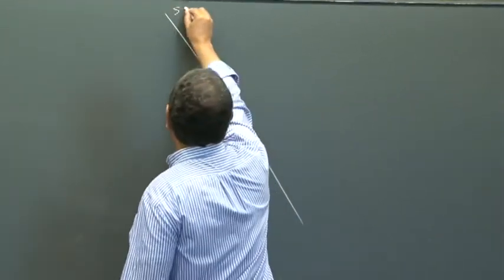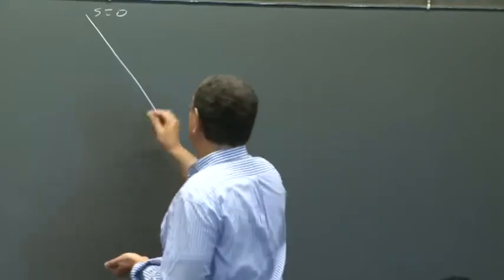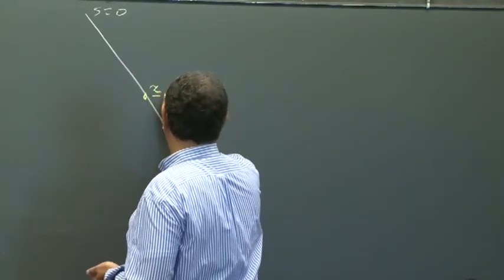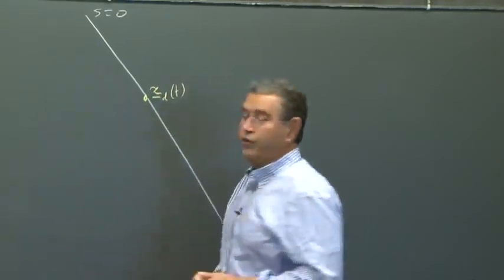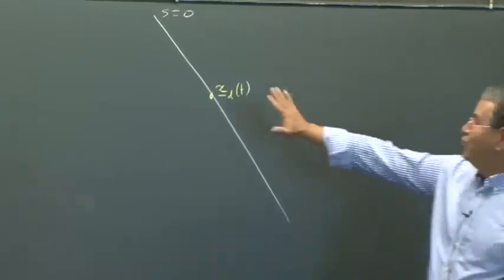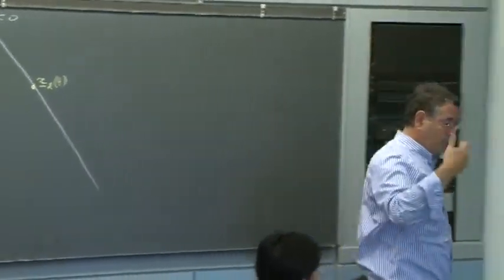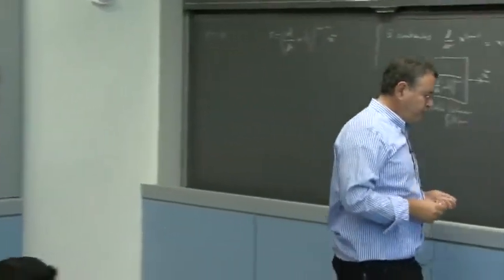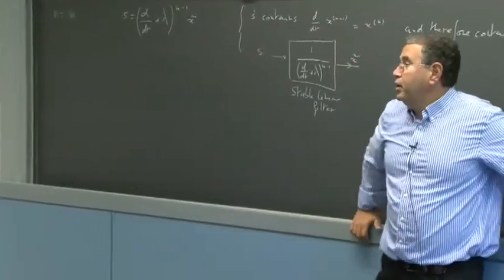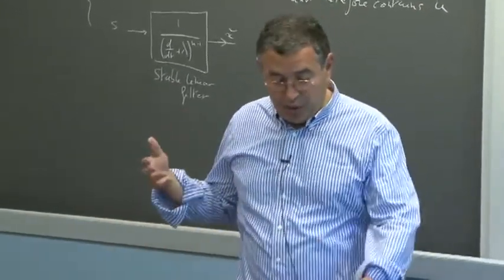And what does it contain? Similarly, it contains the desired state, xd of t. So in the general case, it's a hyperplane, in other words codimension is 1, and it contains the desired state. Okay, so that's what it looks like.